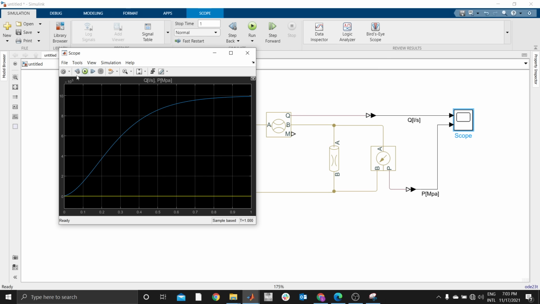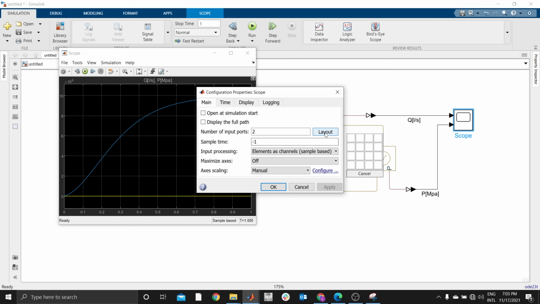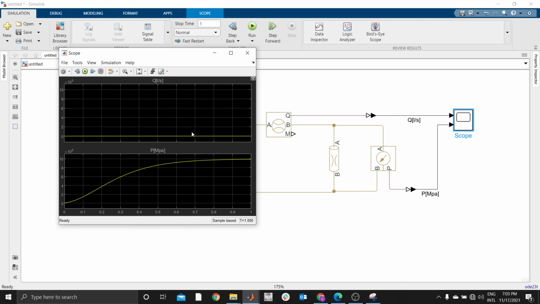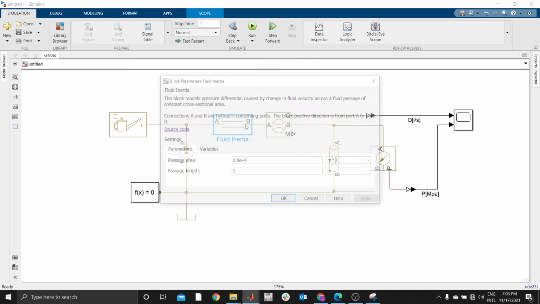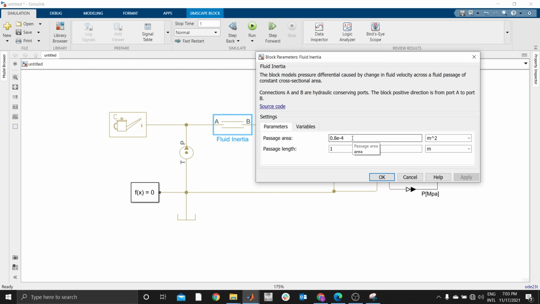The first one, I want to change the layout to 2 like that, so that we can compare Q. You're getting a Q of 0. Okay, let's see why. I need to determine the fluid inertia first.